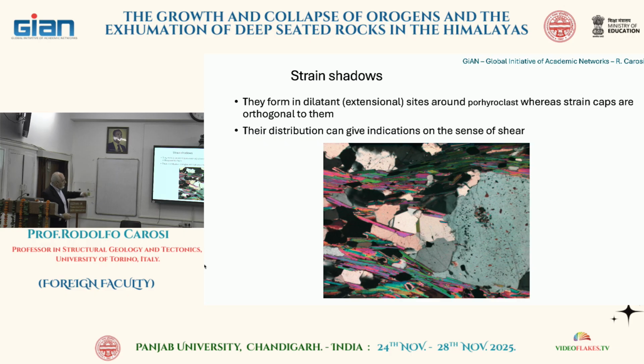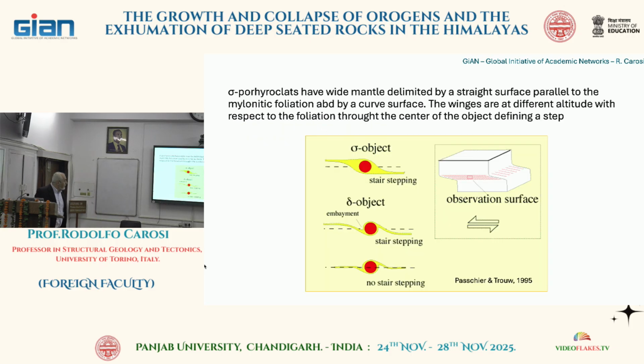This is not easy to detect the sense of shear because the other part is lacking. So I cannot see exactly. I expect to have another tail in this direction, but I don't know. So it's not easy in this picture.